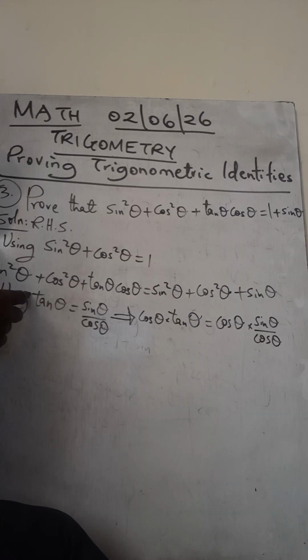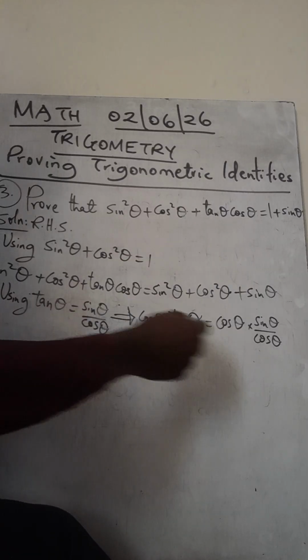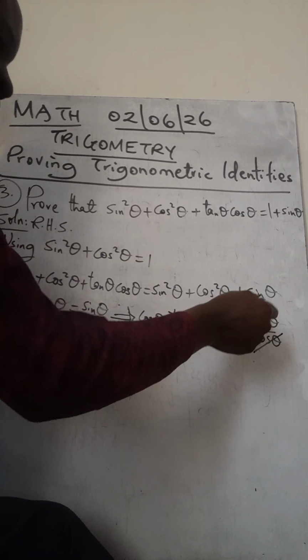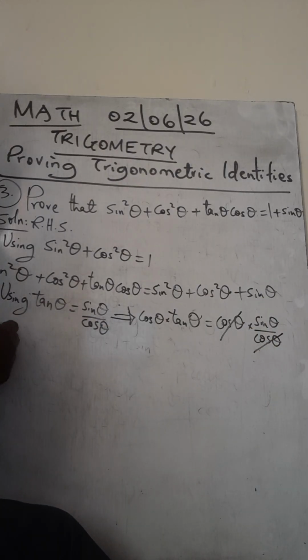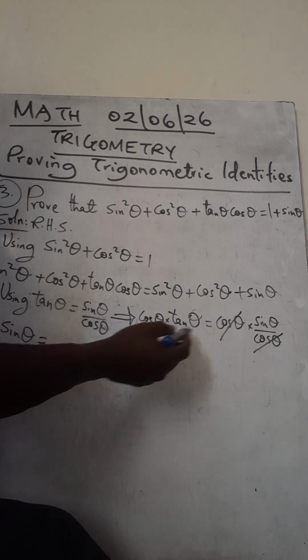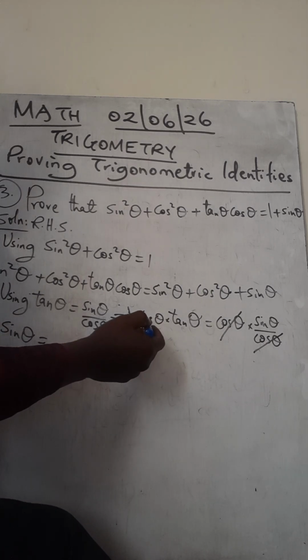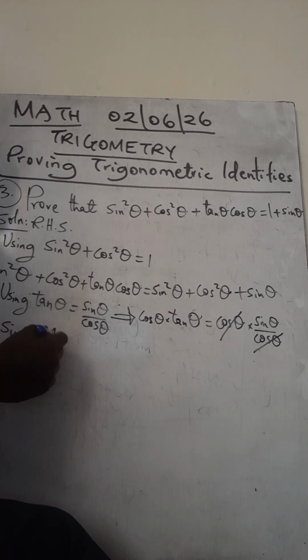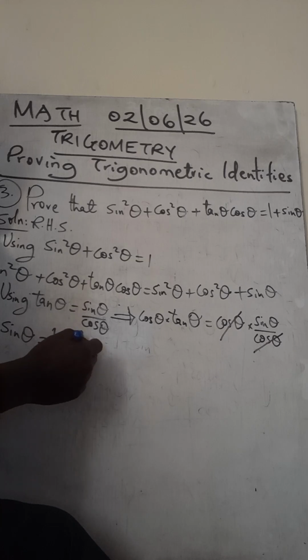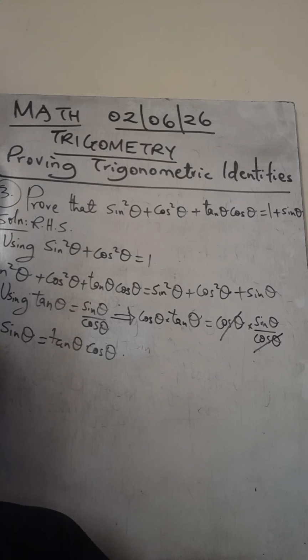Here by cosine of theta, here by cosine of theta. Now this one cancels this. Now sine of theta is the subject of a formula, which is cosine of theta times tangent of theta, or tangent of theta times cosine of theta. Like that.